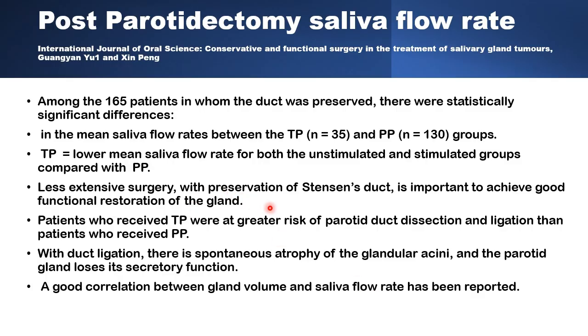A patient who had a total parotidectomy would have less flow compared to partial parotidectomy, but if the duct is ligated, as sometimes can happen during parotid surgery, then there will be no flow at all, followed by spontaneous atrophy of the residual glandular tissue that would gradually lose its capacity to secrete saliva.